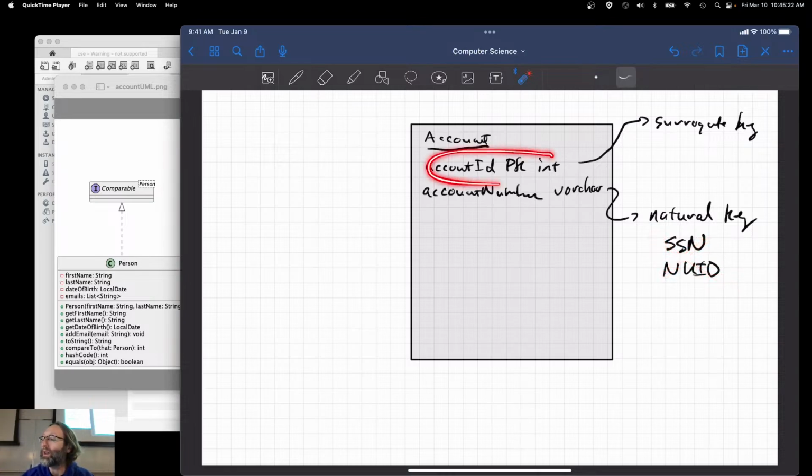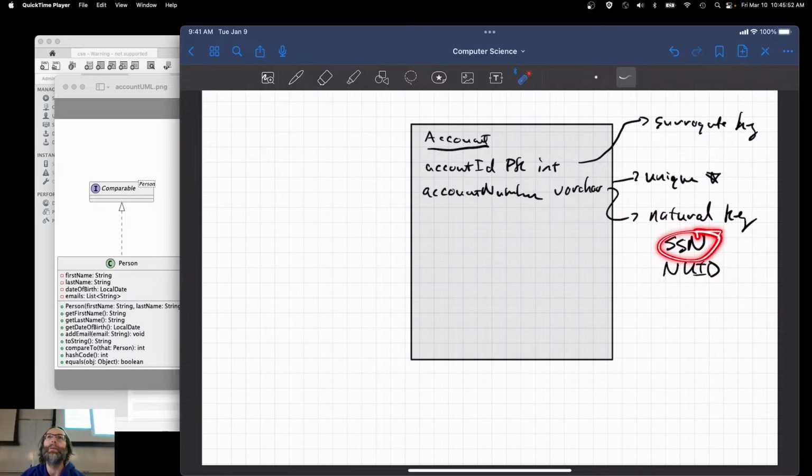We're going to use a surrogate key, an automatically generated primary key that will uniquely identify an account. We'll keep the account number, and we'll also need to make sure that it's unique, and that it's also a key, but not the primary key, a secondary key, although we don't call them secondary keys. We will need to keep track of it. Because imagine if somebody calls us up and says, oh, we screwed up.